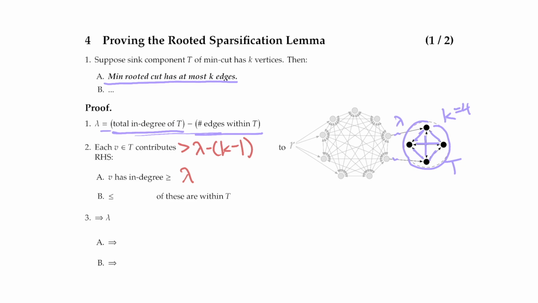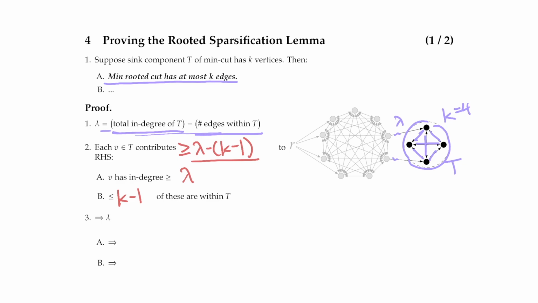And on the other hand, since there's only k vertices in that component, at most k minus 1 of these edges are within T. So each vertex is contributing at least lambda minus k minus 1.